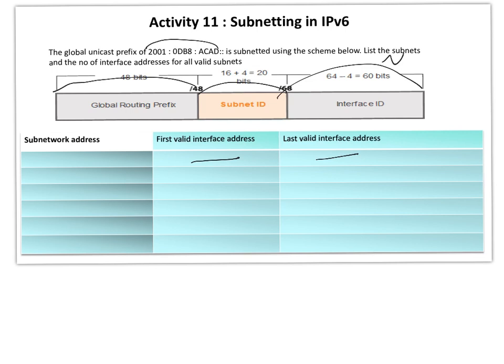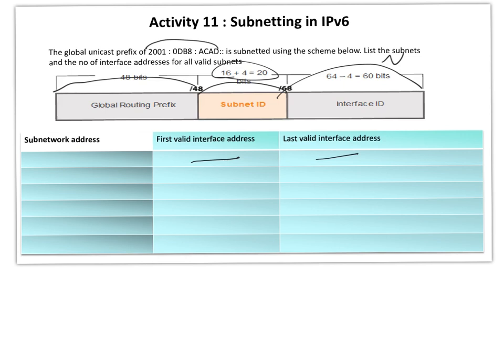No, here the subnetting is based on a fixed number of bits. 2 to the power 20, which is the number of bits assigned for the subnet part. Okay, 2 to the power 20. That's of course a huge number. So definitely, I'm not asking you to write them all down. But we need to write some of these subnets together.